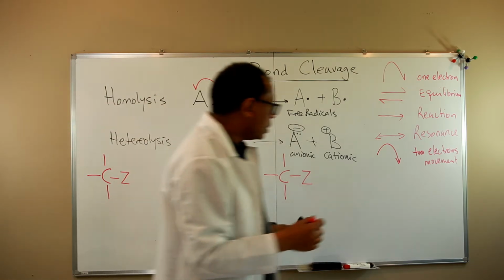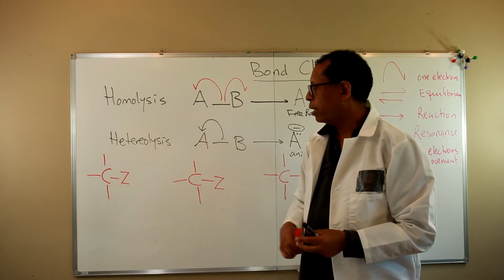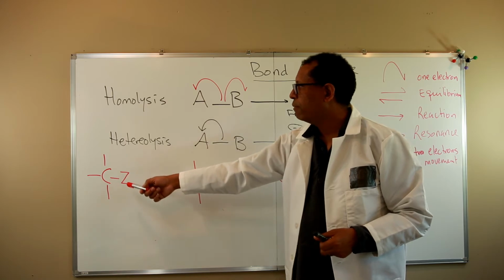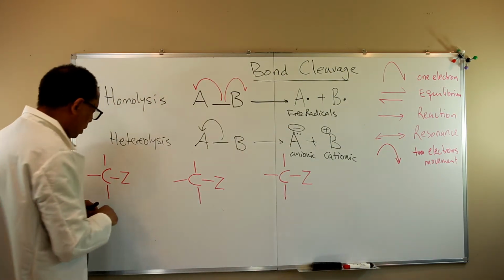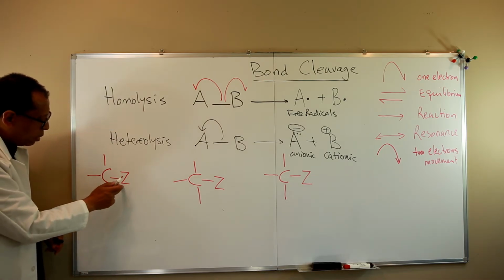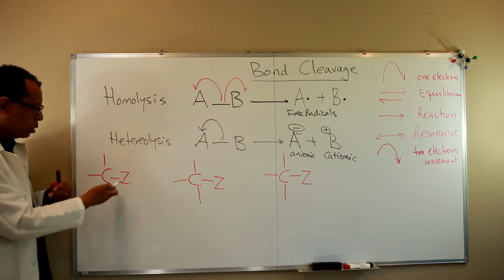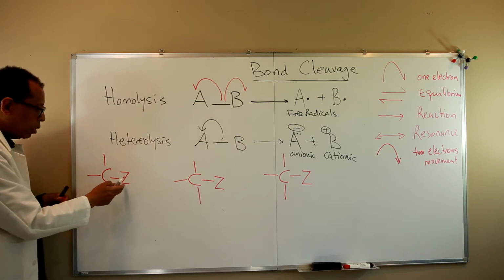So in a real example here, if this undergoes a homolysis, it would give you this carbon, and Z is some other species. It could be chloride, bromide, or any other heteroatom.